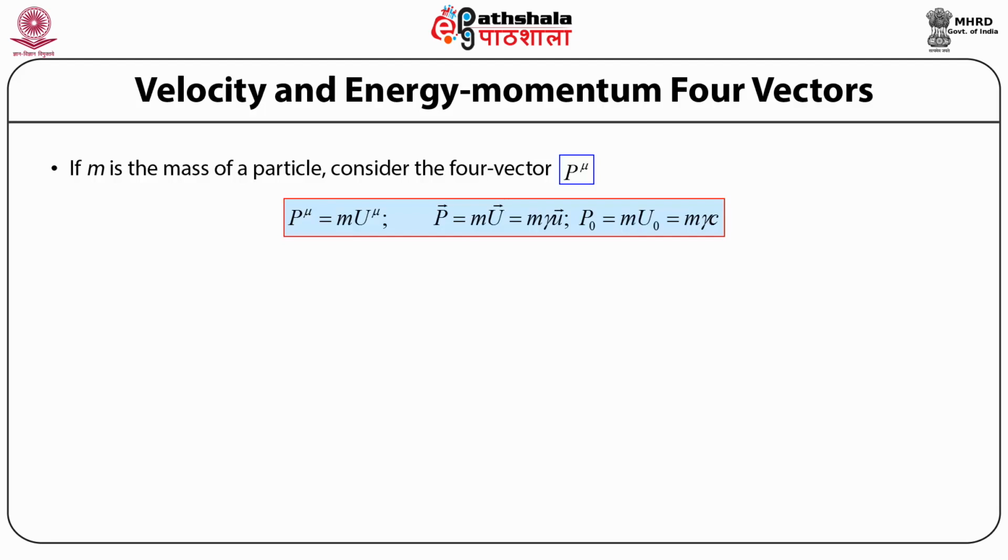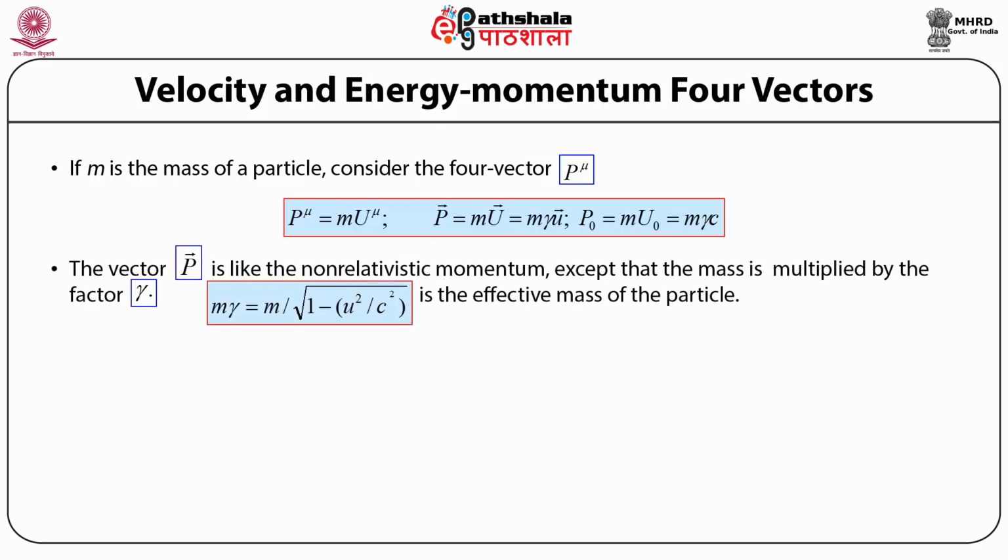The 0th component of this 4-vector P superscript mu, that is P subscript 0, is equal to m times capital U subscript 0, and this is equal to m times gamma times the speed of light c.